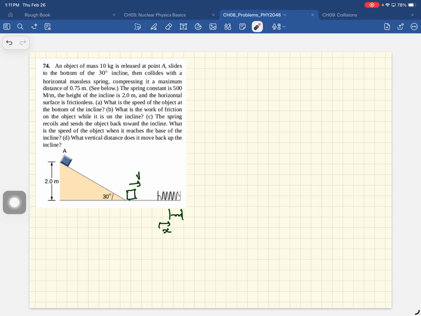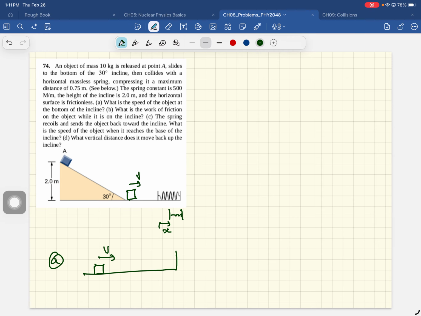So for part A, initial energy should equal final energy. There's no friction there. The kinetic energy got converted to the spring potential energy.